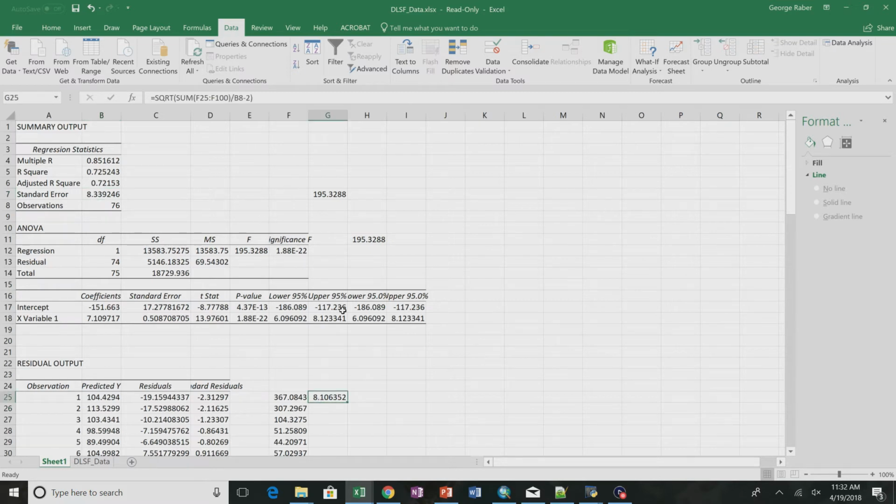Of course, ours is slightly different. I'm not exactly sure why our number is slightly different. But that's the standard error of the estimate right there, and our number is close.